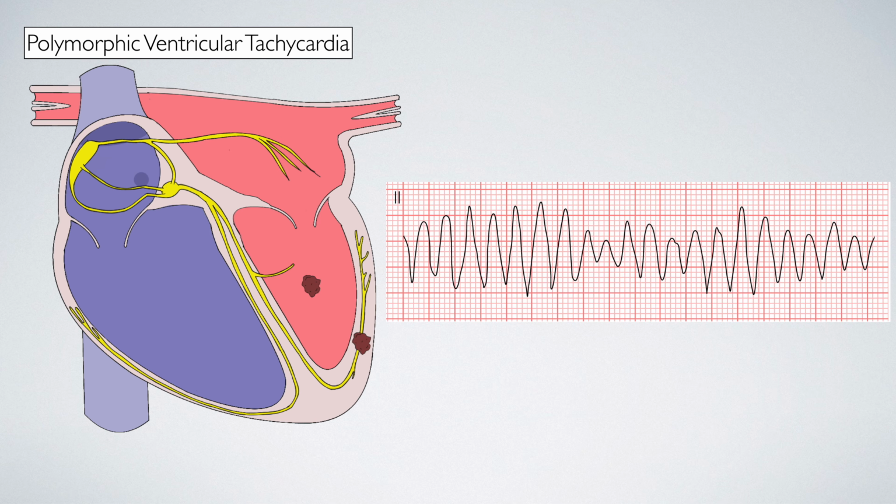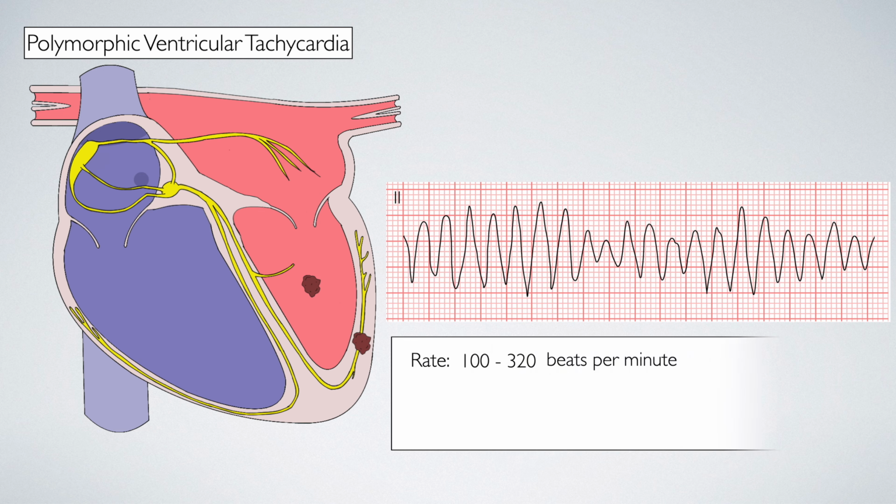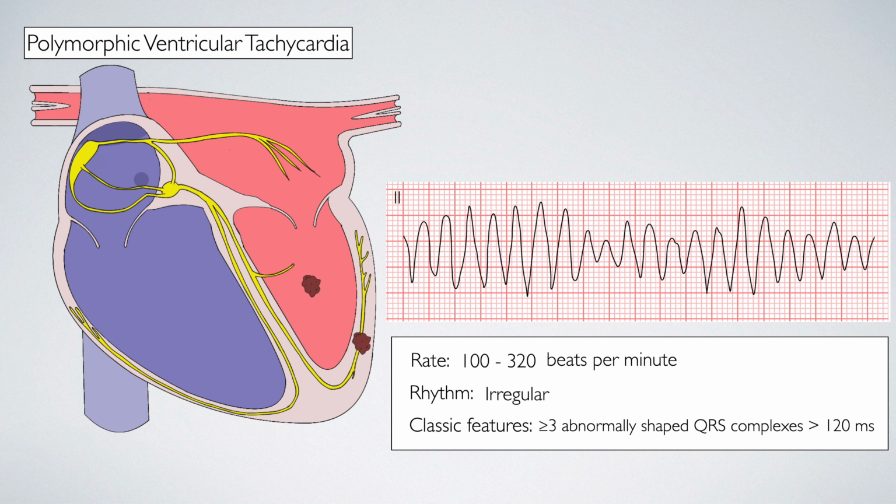Polymorphic ventricular tachycardia presents with a ventricular rate between 100 and 320 beats per minute. The rhythm is irregular, and there must be at least 3 abnormal QRS complexes in series with varying height and morphology, and each must be equal or greater than 120 milliseconds in duration.